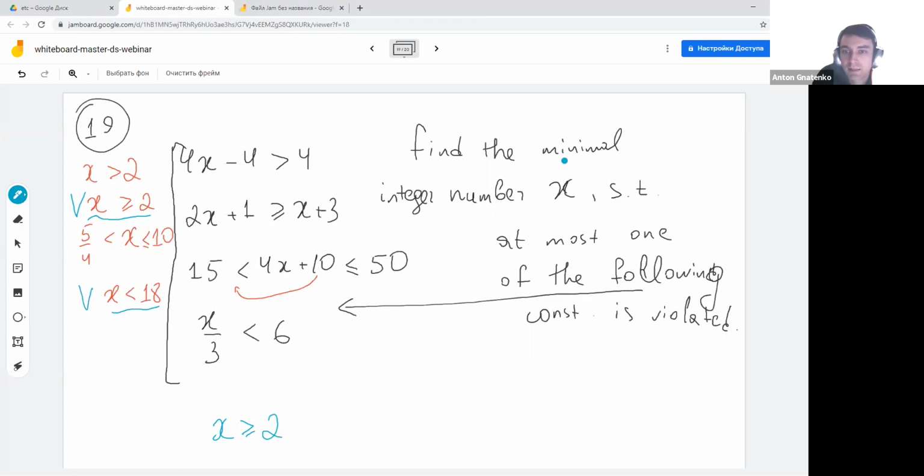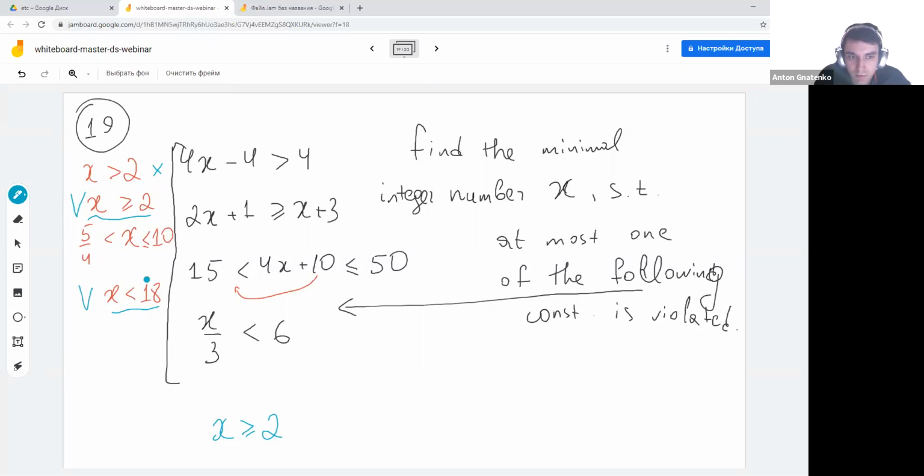But wait, we want to find the minimal such integer. So it can't be less than 2. So if 2 actually is okay, if 2 violates at most one of these constraints, then we are done. Then 2 is the minimal possible answer. Let's see. This constraint is violated for 2, because 2 is not greater than 2.